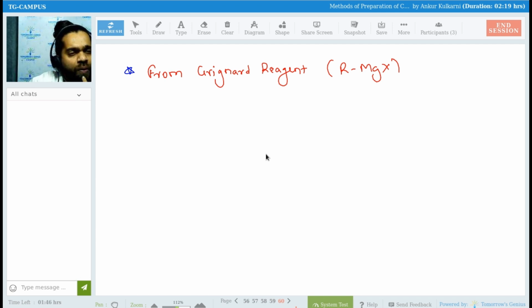Why and how? When we react with Grignard reagent, MgX will be there and also the alkyl group. RMgX gets dissociated as R minus and MgX plus. That is important. R minus and MgX plus; Mg plus goes to O minus and magnesium.